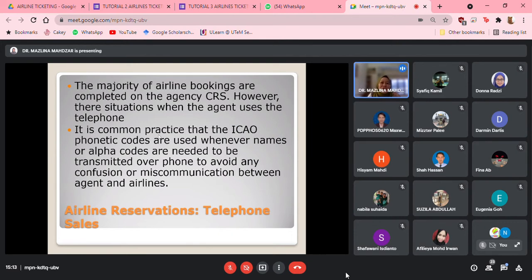You, the travel agent, call up and then give the name of the passenger who will board the Berjaya Air aircraft, for example. So you use the ICAO code, not that you have to, but usually in travel agent communication, they transmit the name spelling using the phonetic codes. This is to avoid any confusion and miscommunication between agent and airlines.